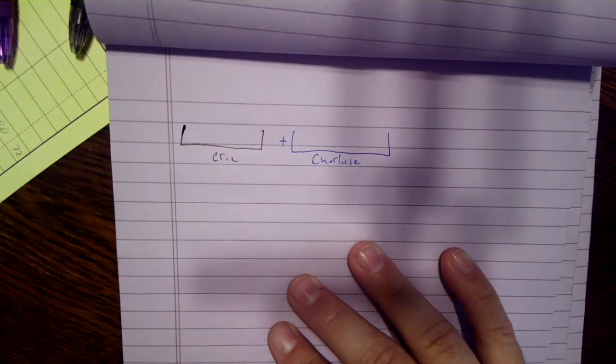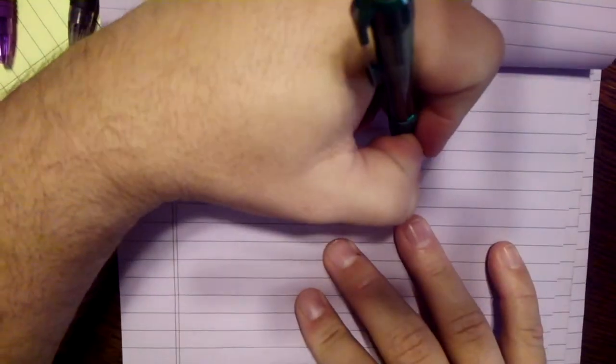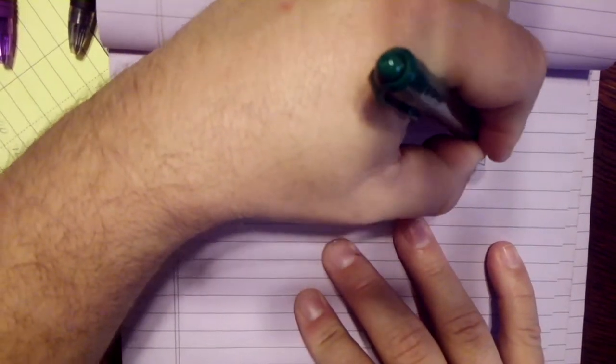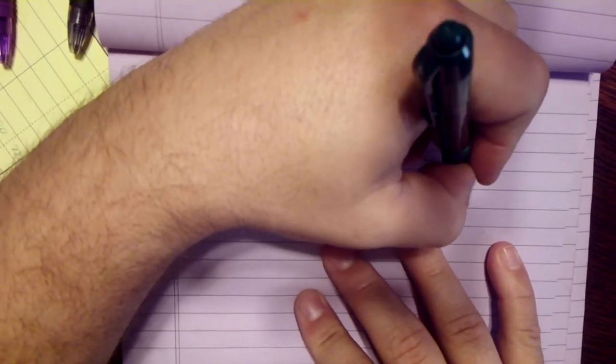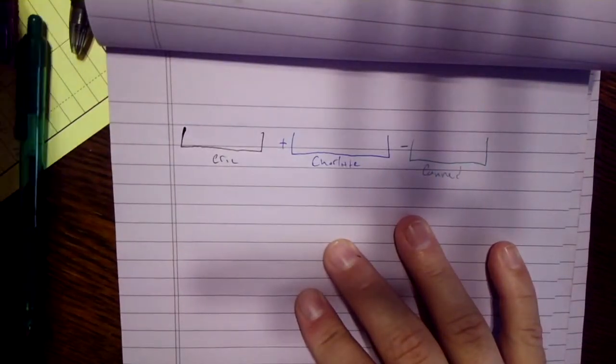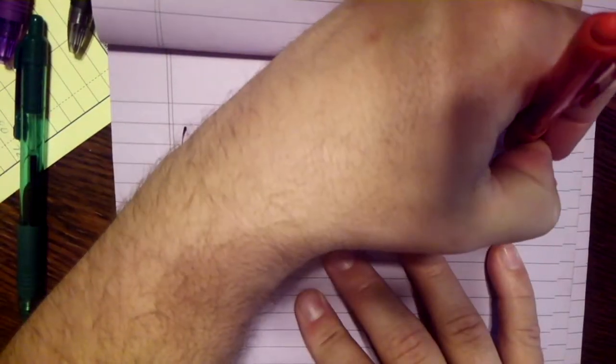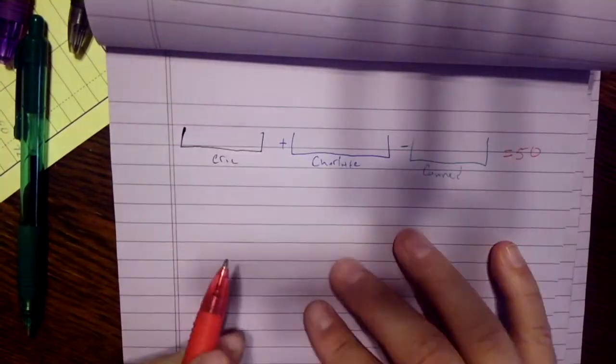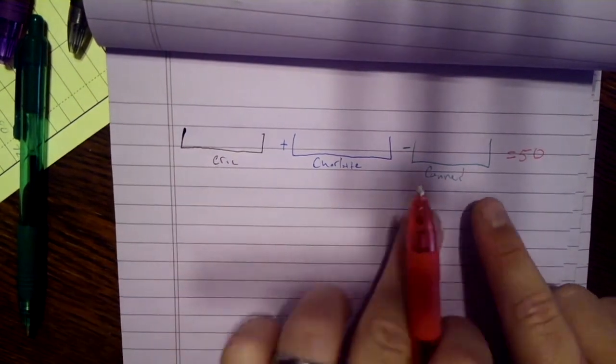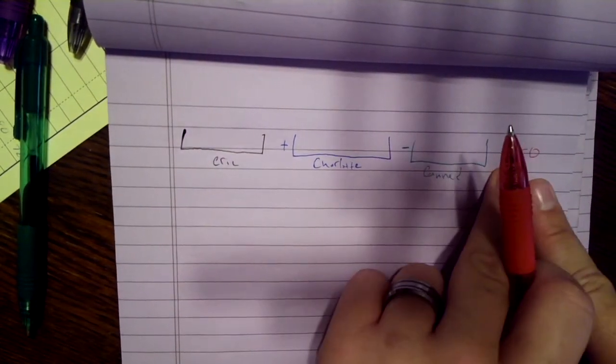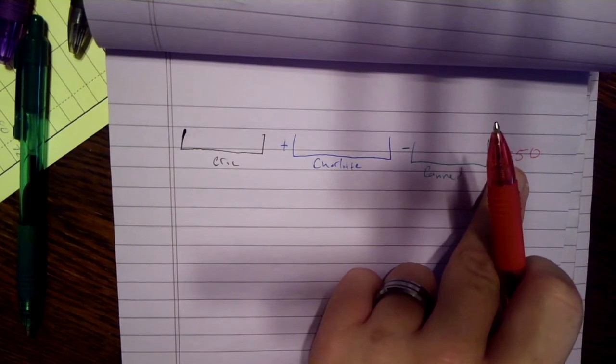So let's get a green pen. And so then we know that we subtracted some money for canned foods. And then at the end, everything equaled $50. That's how much money they had left. So they pooled their money together. They spent it on some canned foods. They had $50 left. Okay, so that's our big picture.